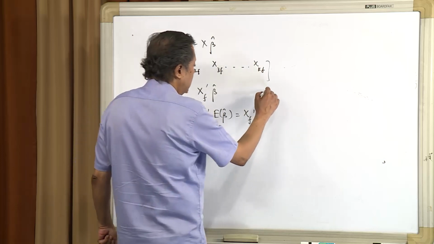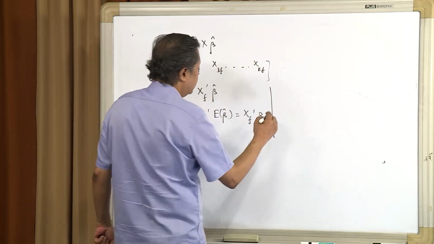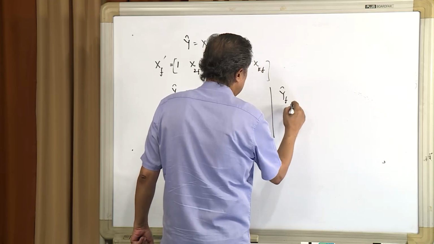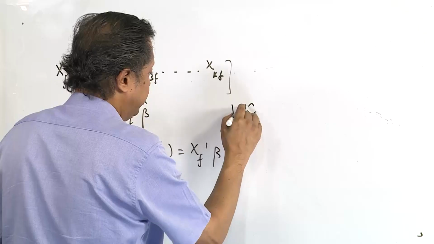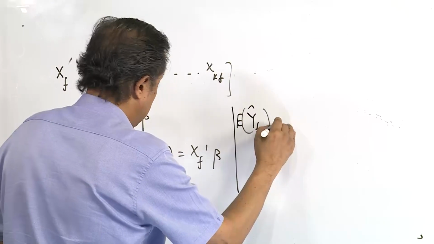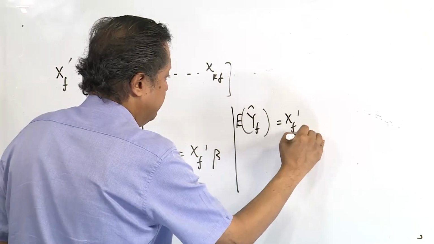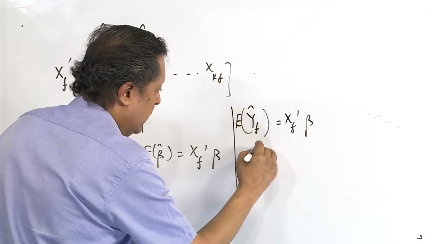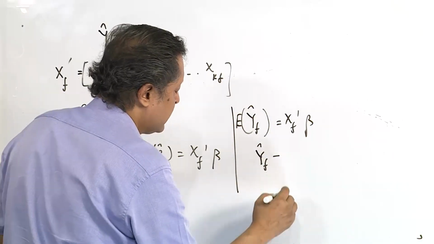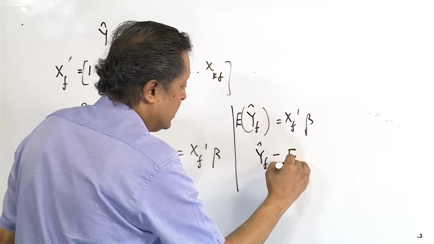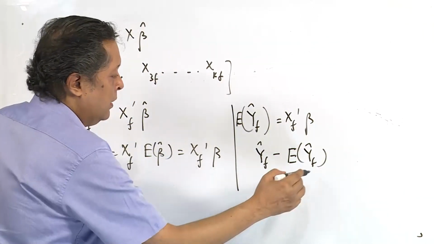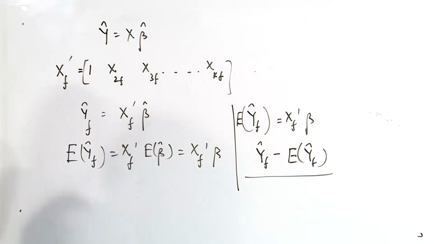So, therefore, we can write y f hat has an expectation of x_f prime beta, which means y f hat minus expectation of y f hat divided by, again, standard error.